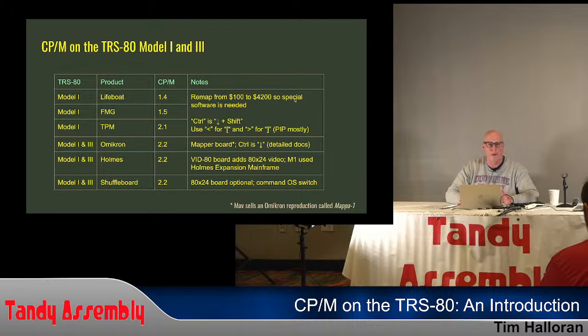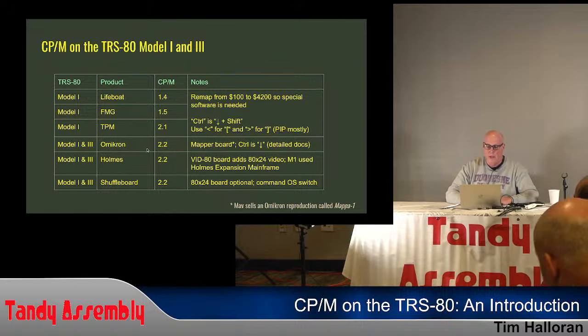You either need to rebuild it yourself or get it from somebody who's doing it. On most of these, they use control as the down arrow shift, which is way easier to do on a real Model 1 than on this MacBook, so I'll probably have trouble with that. The other thing they did is remap the braces to the greater-than and less-than signs on the Model 1.